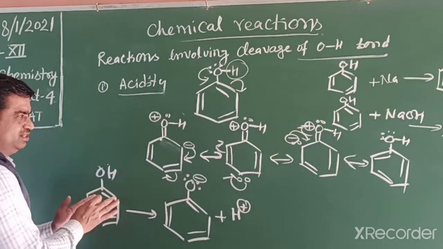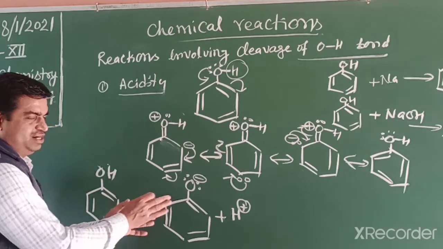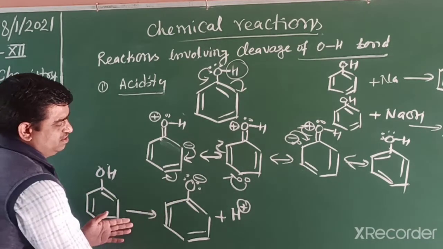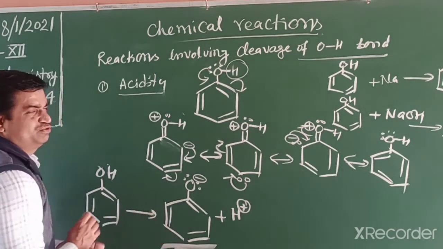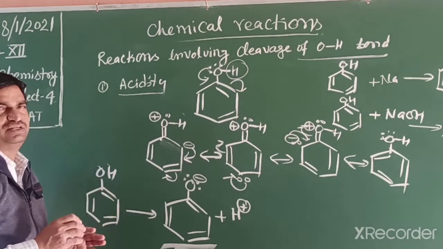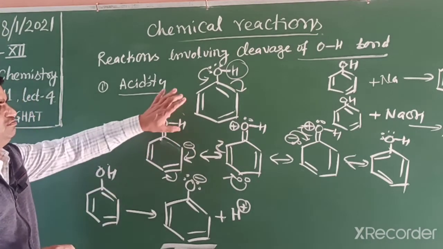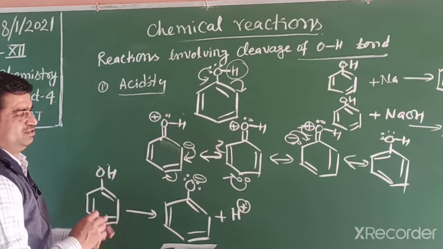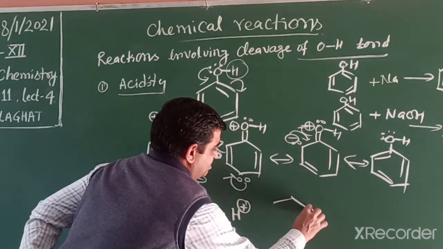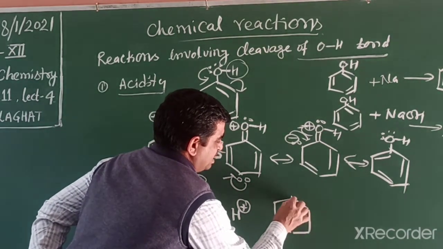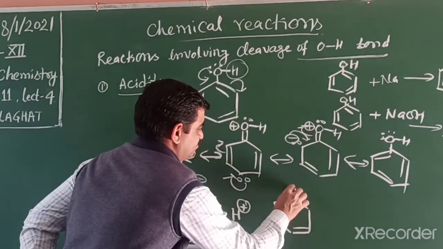So this reaction favors the product side. Why? When we draw the structure of phenoxide ion, that resonance is more stable than the phenol resonating structure. So now we can draw the phenoxide ion resonance structure.